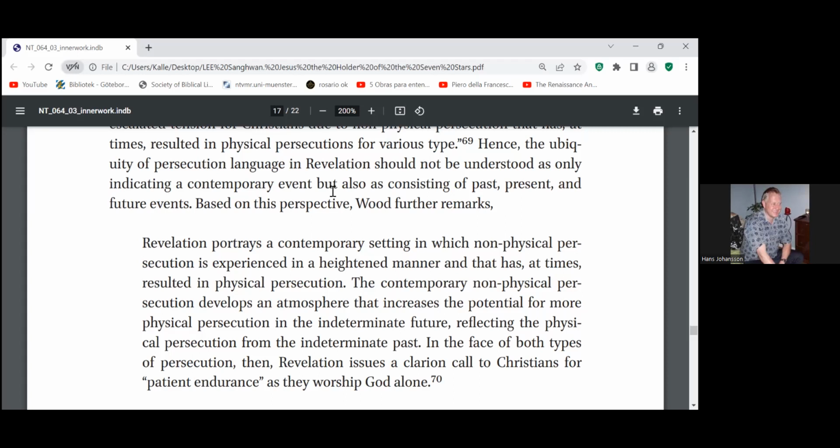Hence, the ubiquity of persecution language in Revelation should not be understood as only indicating a contemporary event, but also as consisting of past, present, and future events.